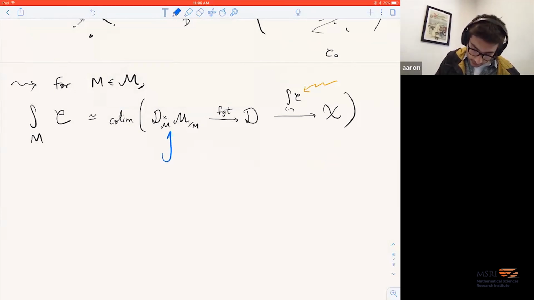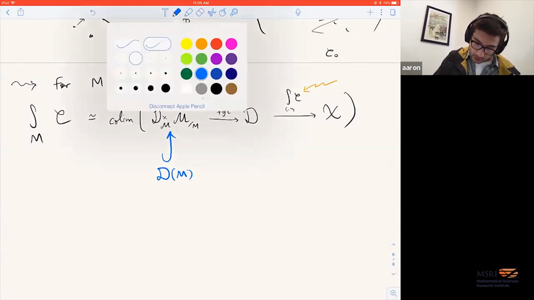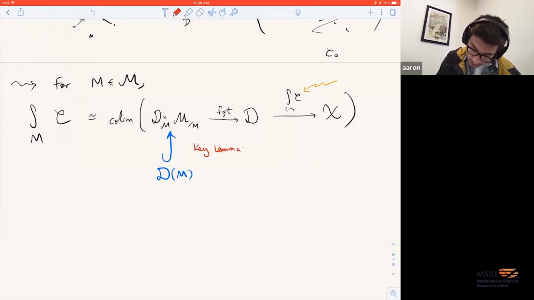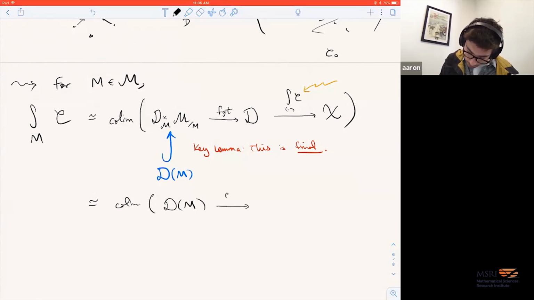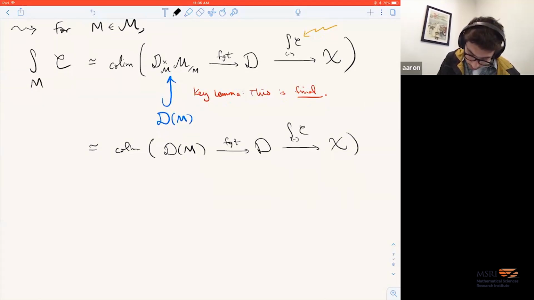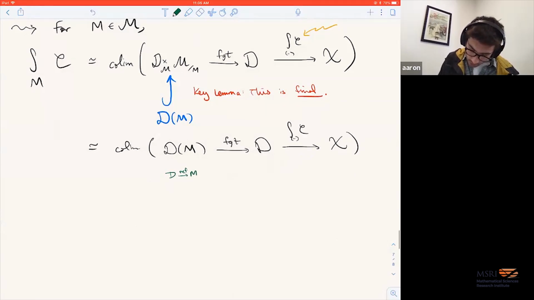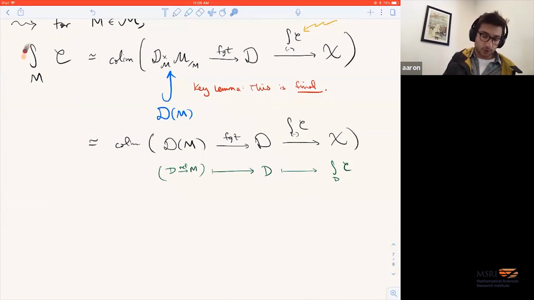Remember, I defined this Infinity category of disk stratifications of M. And another key lemma, though not nearly as difficult, is that this functor is final, which means that colimit is just equivalent to a colimit over some composite like this, where if we have some refinement of M, you forget the map to M and you just remember D, and then we get the factorization homology over D. So ultimately, factorization homology beta in dimension 1 is this colimit over the disk refinements.